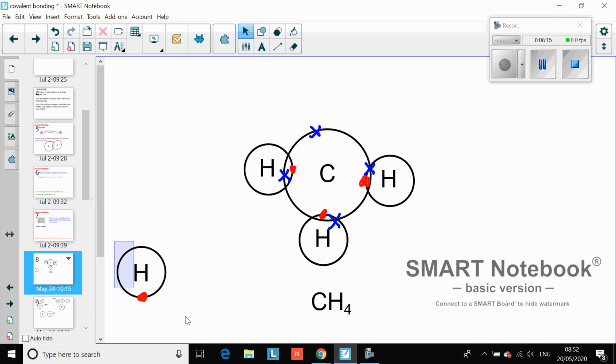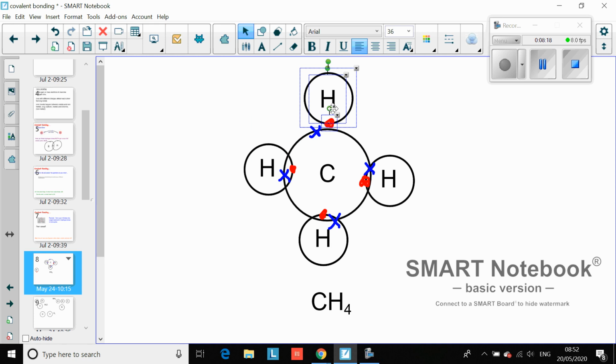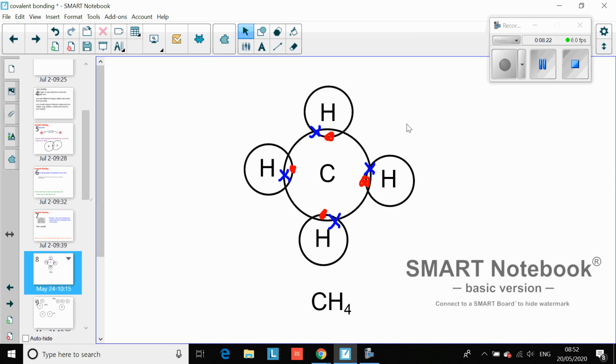And our fourth and final hydrogen, like that. Now, let's have a look at this. Let's take each hydrogen. Each hydrogen wants 2 electrons in its outer shell for it to be complete. So this hydrogen, 1, 2. This hydrogen, 1, 2. This hydrogen, 1, 2. This hydrogen, 1, 2. So the hydrogens are all happy.